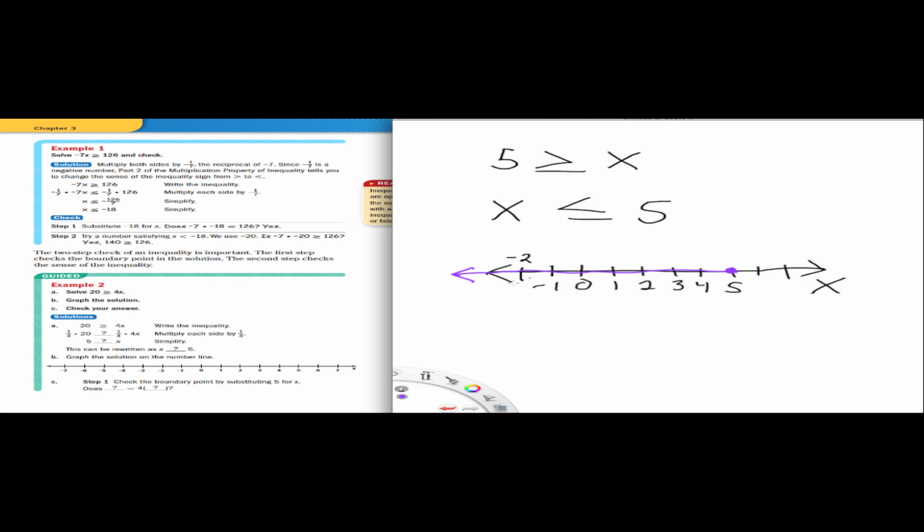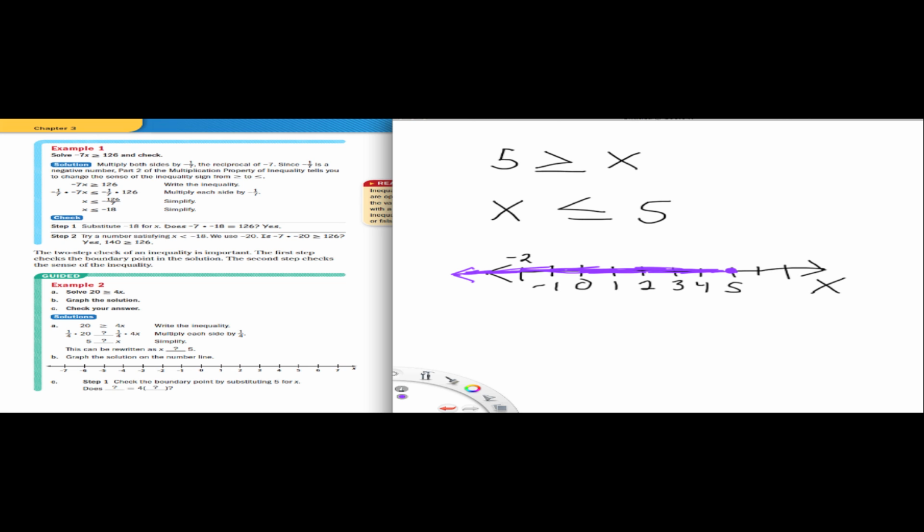If I do that with the same color, you really have to fill it in to indicate that it's more than just the line underneath. So either way would work, whether you put the ending bar up and then a line across, or just mark it right in on the number line is fine with me. And so those are our solutions to this.